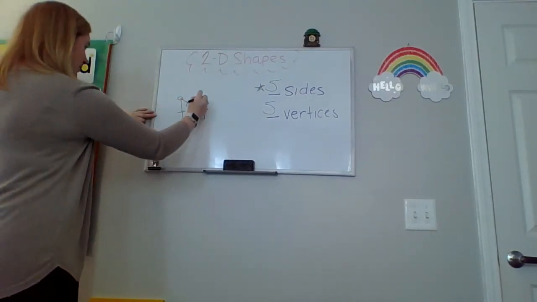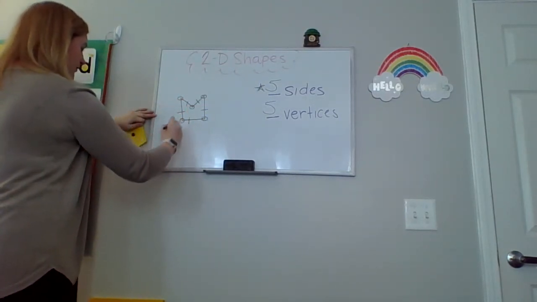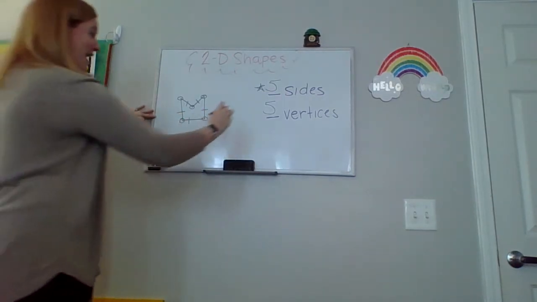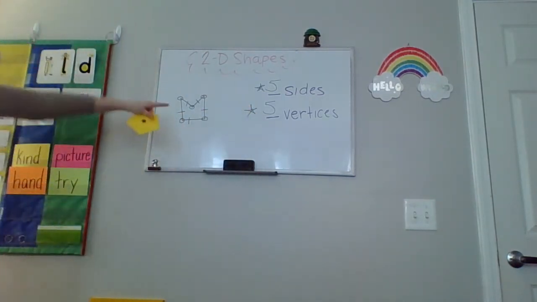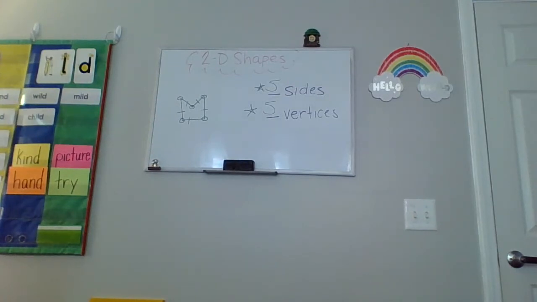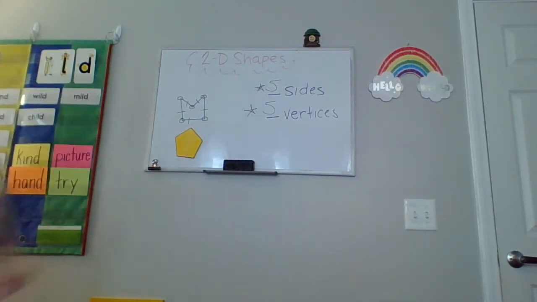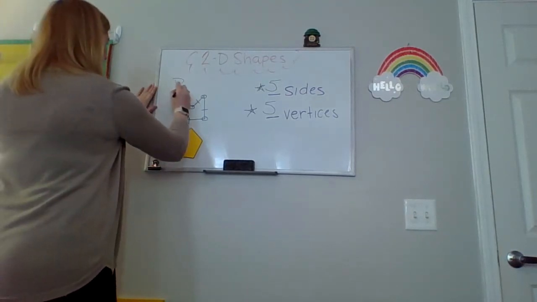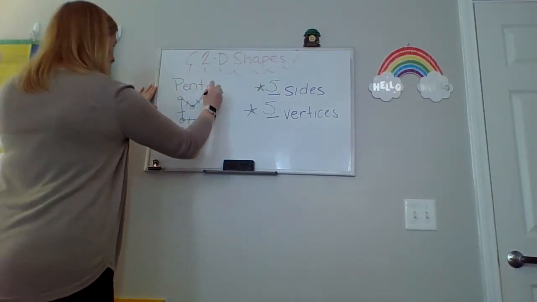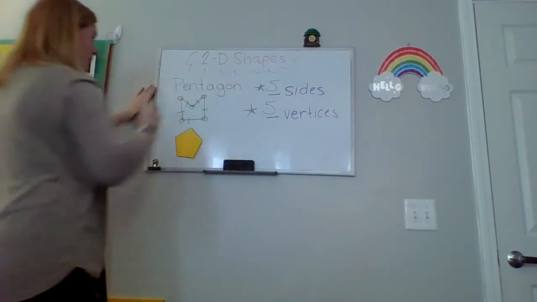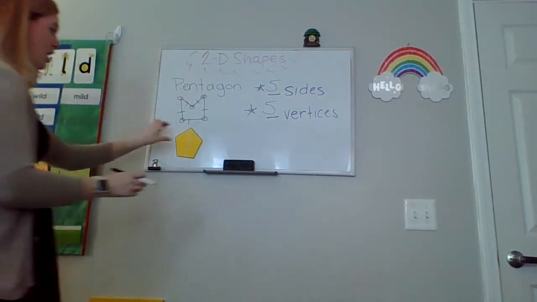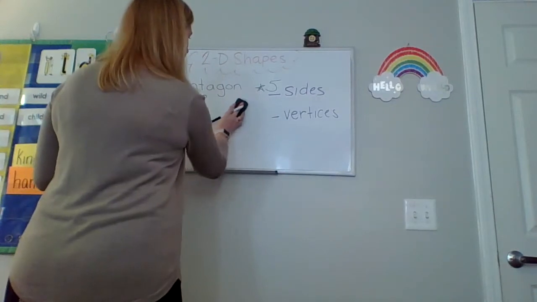I have 5 vertices. This is a pentagon. I know you think it doesn't look like this one, but they both have 5 sides and they both have 5 vertices. So they're both pentagons, okay? And yes, a 5-sided figure is a pentagon. Pentagon.